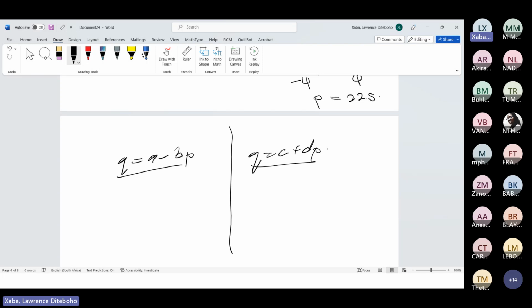The idea is still the same, but the interpretation is different. We are taking these concepts of demand and supply and applying them in a different environment, whereby now we're interested to know what is the equilibrium of the labor market.